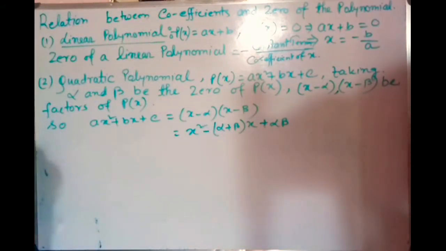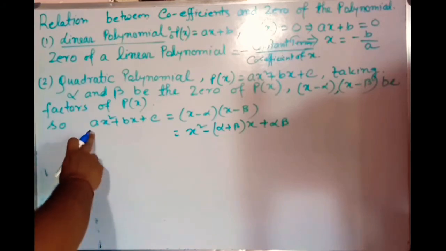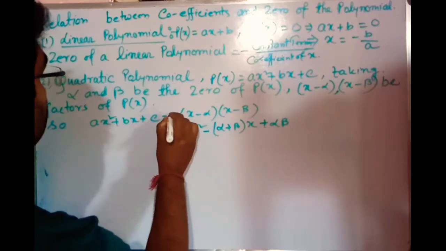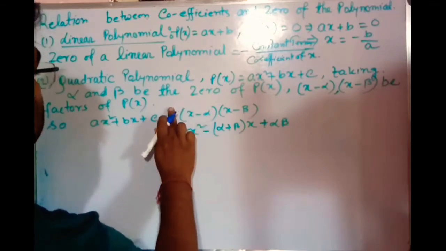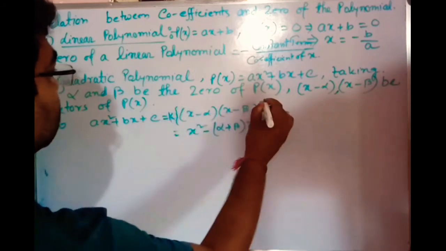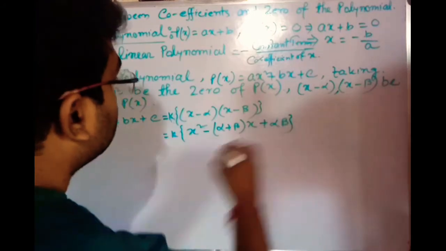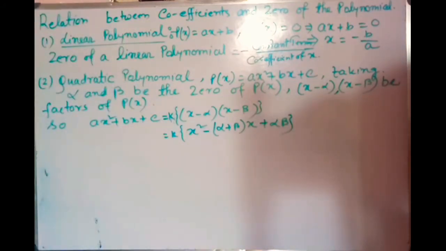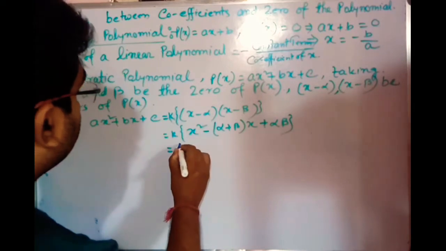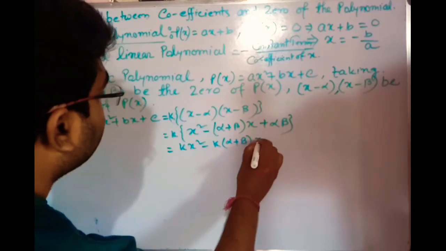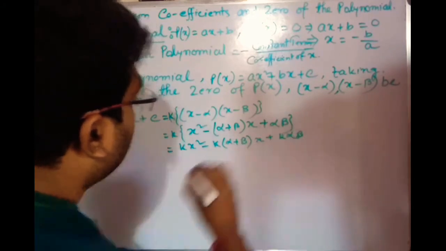Understood? Now suppose ax square plus bx plus c equals k into this. If we multiply it, this is kx square minus k (alpha plus beta) x plus k alpha beta.